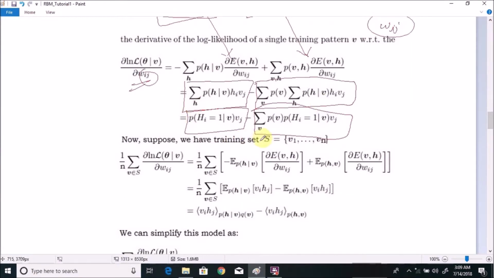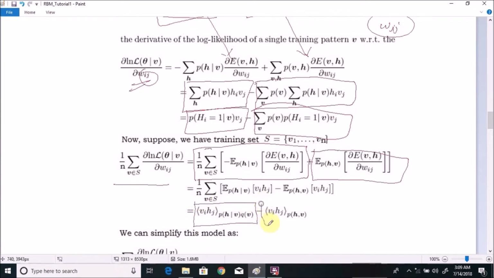Now suppose we have a training set with visible units V1 to Vn, then we can take the average of the sum of all such derivatives, and finally when we solve it, it comes into two different forms.